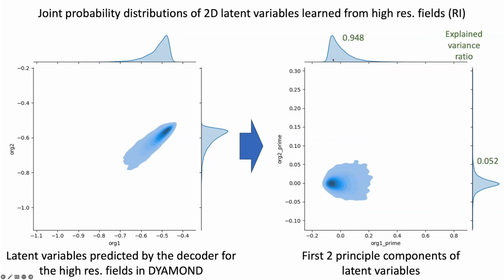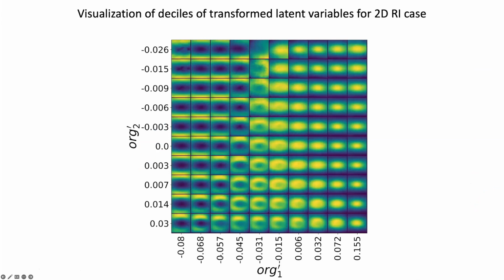But now, I could also look at the explained variance ratio. So actually the majority of the variance is explained by what I'm calling org1 prime, the first principal component from the PCA analysis. And I can do the same thing of mapping out the deciles of the distributions now for org1 prime and org2 prime.